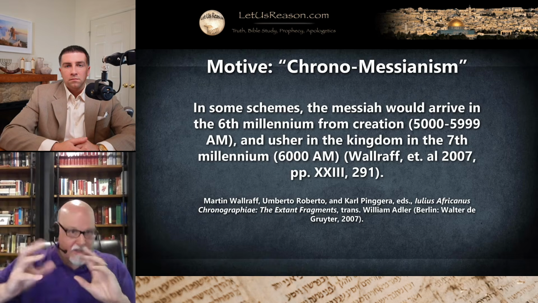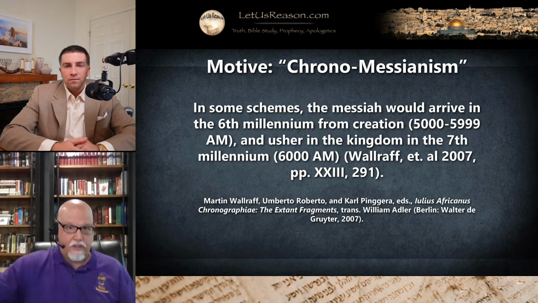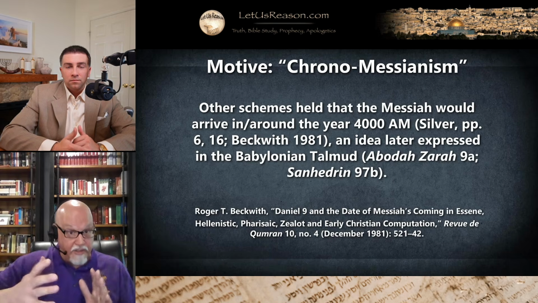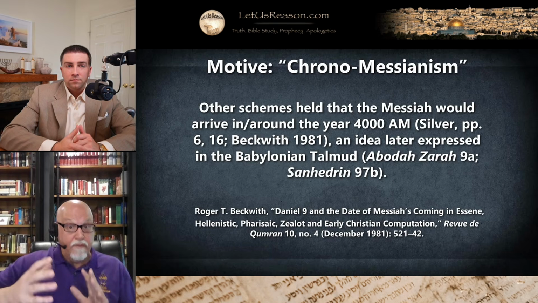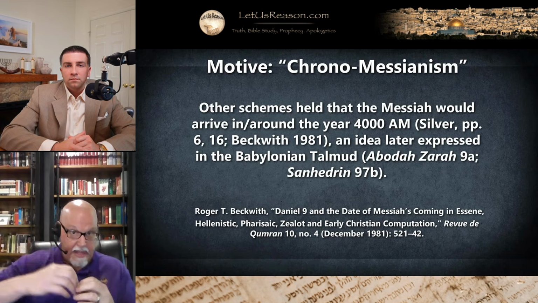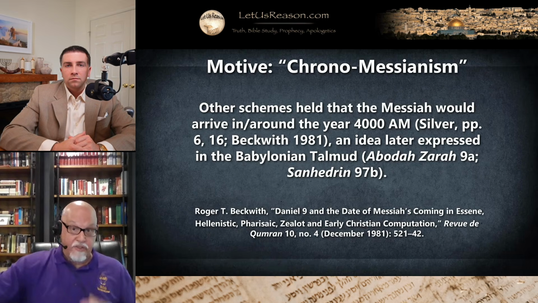And there were variations. There were different ideas about how this worked. But this was the general idea. But there were other schemes that had developed for much shorter timelines in and around the year 4000. And the AM means Anno Mundi, from creation. This idea shows up in the Babylonian Talmud, for example, later on.